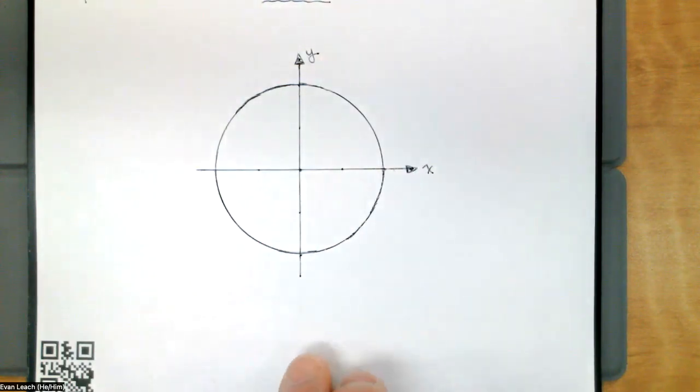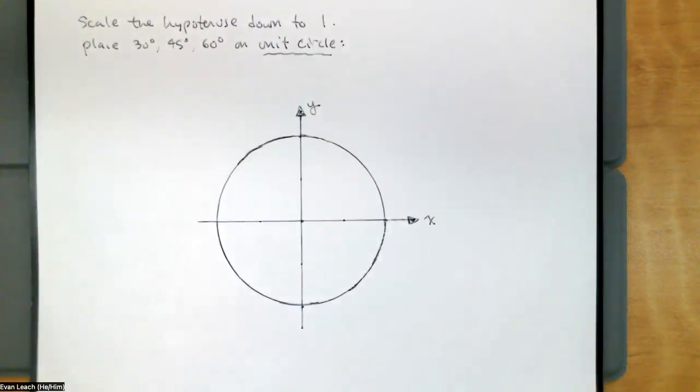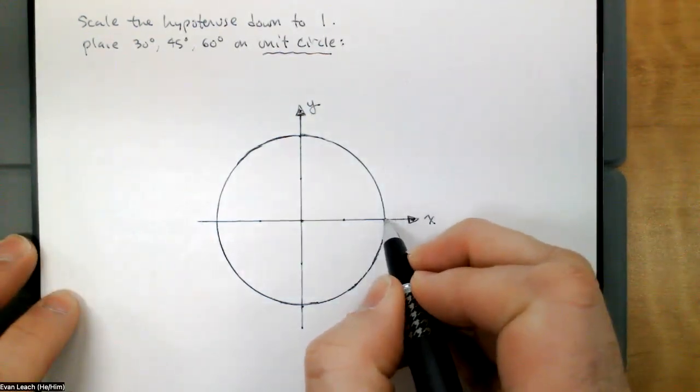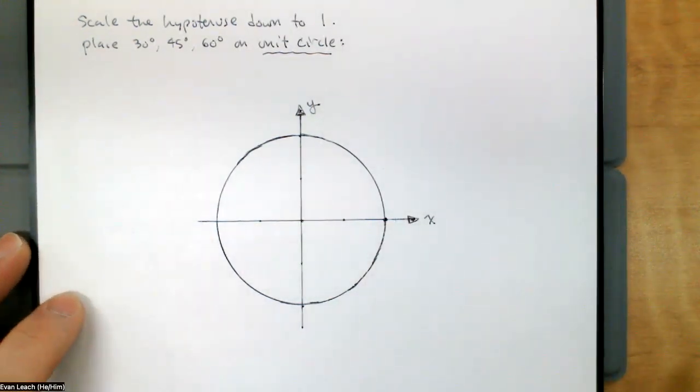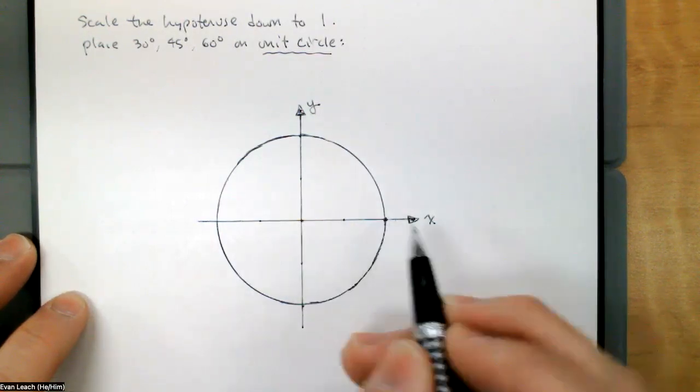A unit circle is a circle with a radius of 1. That's the unit part of the unit circle. The center is going to be at the origin. So we know where a bunch of these points are already. This point here, on the positive x-axis, we have an x of 1 and a y of 0.